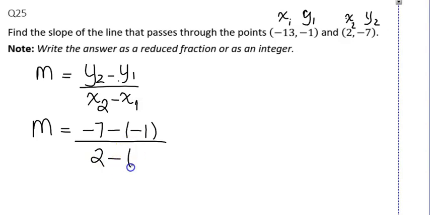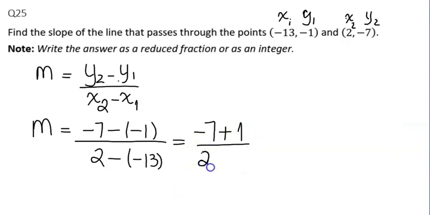A negative 13. What does the numerator become? It'll be negative 7. Let's go 2 steps. 1, right? And what does the denominator become? 2 plus 13. Very good.